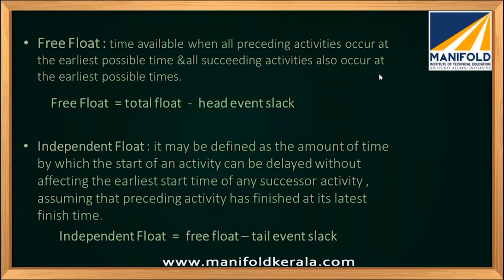Free float is total float minus head event slack, or the time available when all the preceding activities occur at the earliest possible time, and all the succeeding activities also occur at the earliest possible times. So if you know the total float, you can subtract the head event slack. We will learn what head event slack is. The difference will give you the free float.